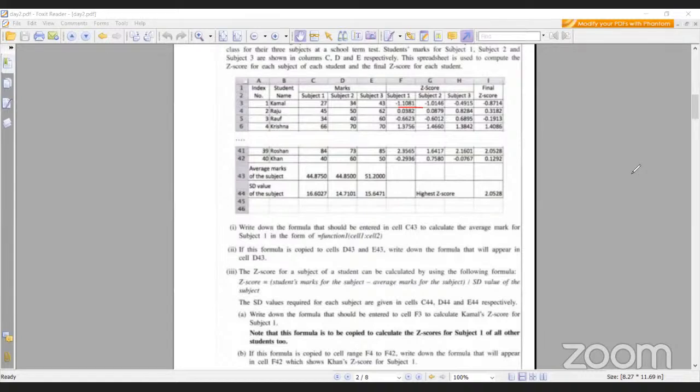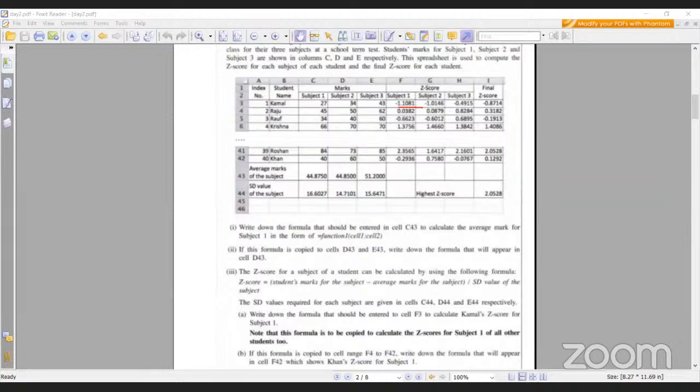Subject 1. It is also said that this formula is to be copied to calculate Z score for subject 1 of all other students. So how to write this? So formula is given. So how you have to use that is given.